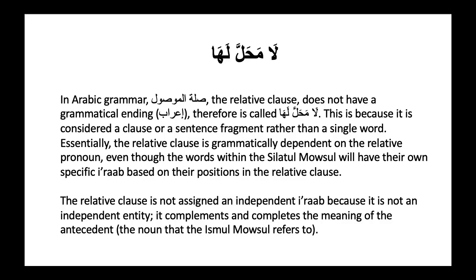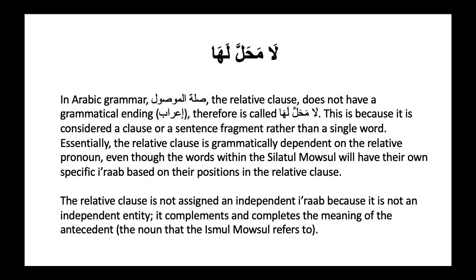Let's explain the term La Mahalla Laha. In Arabic grammar, Silatul Mowsul, the relative clause, does not have a grammatical ending or i'rab, therefore it is called La Mahalla Laha. This is because it is considered a clause or a sentence fragment rather than a single word.